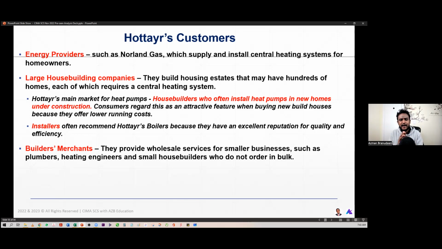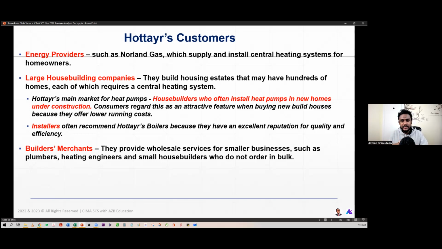So it looks like house building companies, large ones, undertake contracts and do this kind of thing. They build housing estates. They may have hundreds of homes, and they are one of the main customer groups for heat pumps, because house builders often install heat pumps in new homes under construction, and that's the current trend.